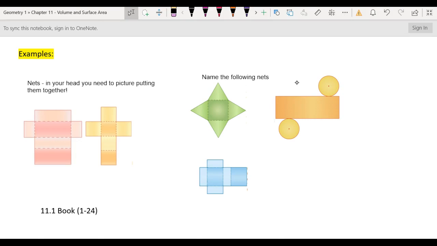So let's do that first net that is pink. Is that going to be a prism, a pyramid, a cylinder, or a cone? It's a prism, and what kind of prism is it? Rectangular. So it's a rectangular prism.